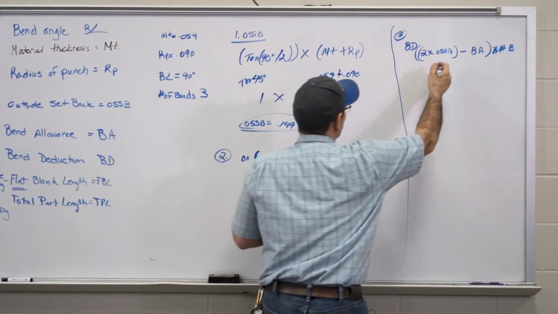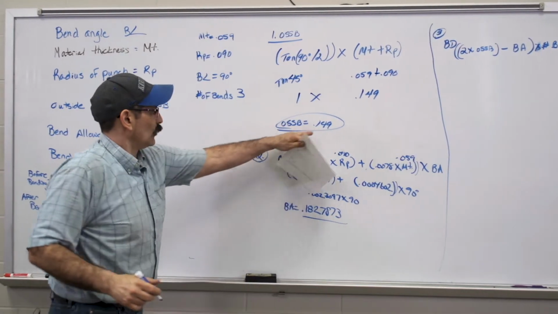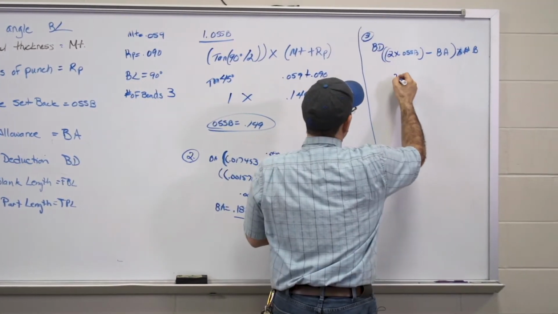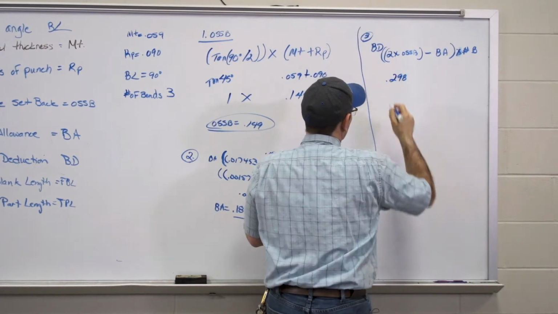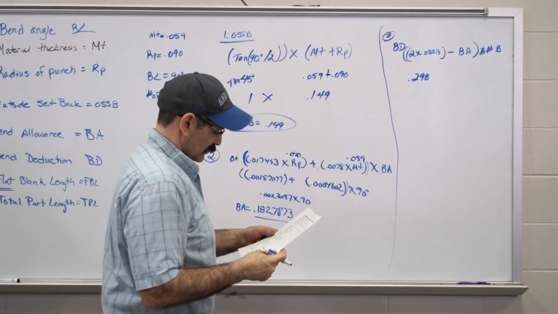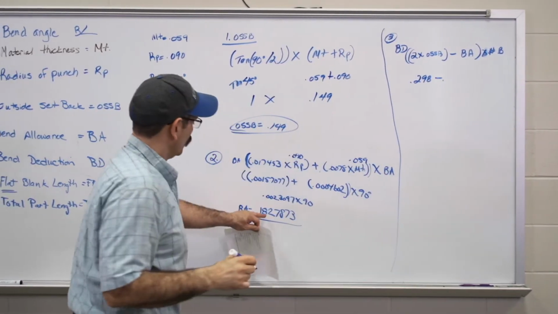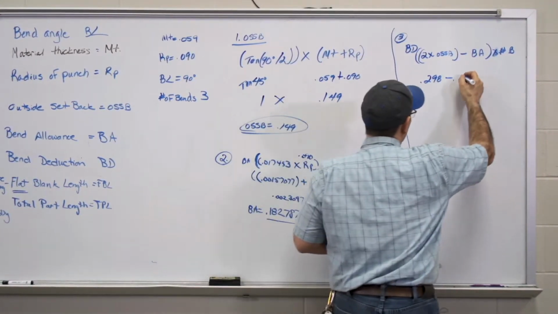So, what's OSSB? 0.149. 2 times that is 0.298. Minus bend allowance, 0.1827873.